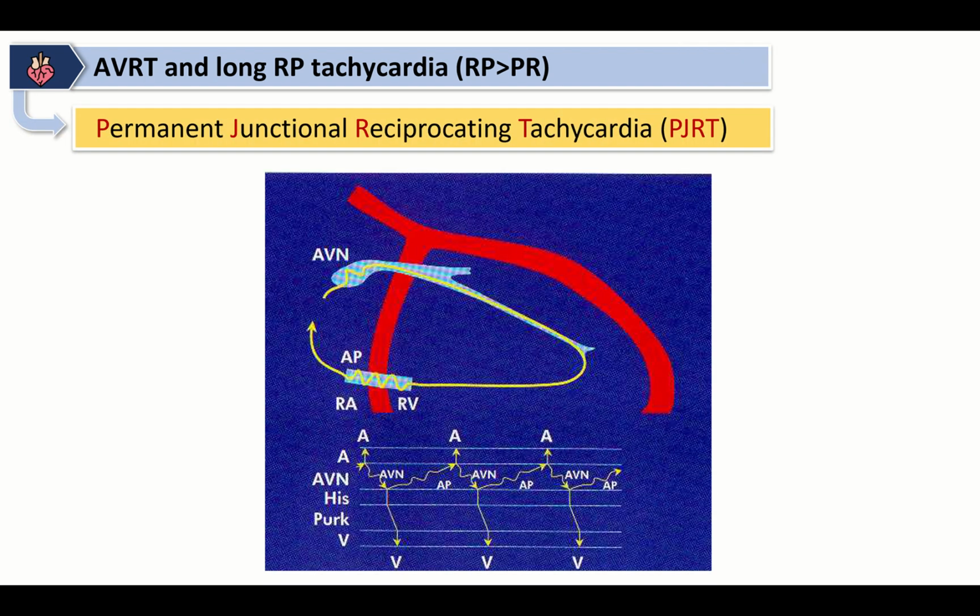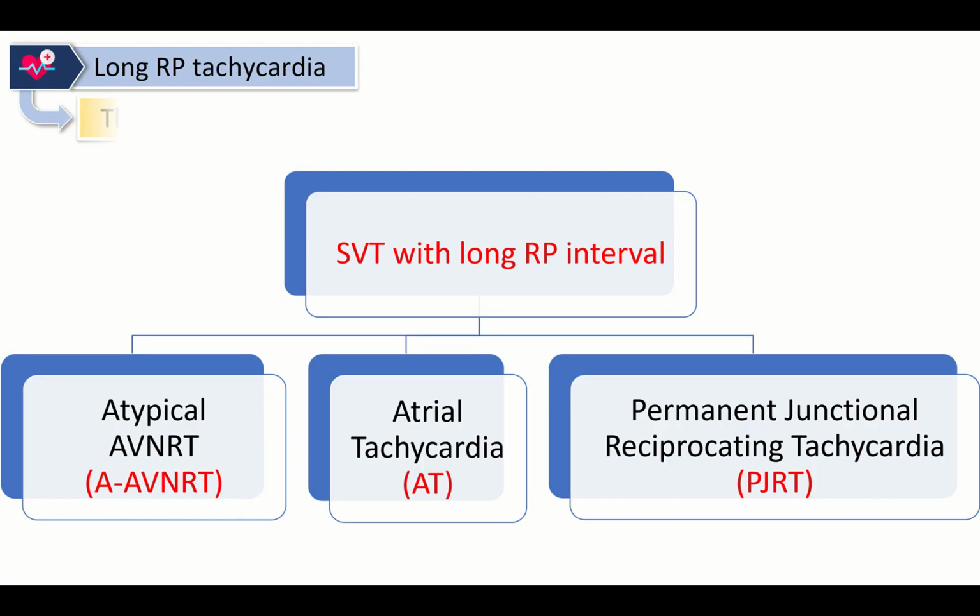And we can assess the antegrade conduction through the AV node. Then retrograde conduction in PJRT is done through the slowly decremental conducting posteroseptal accessory pathway. That's why PJRT is long RP tachycardia.